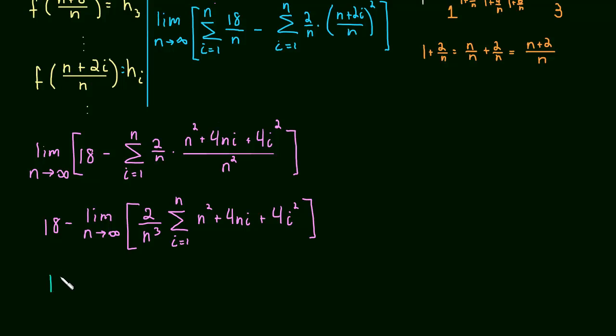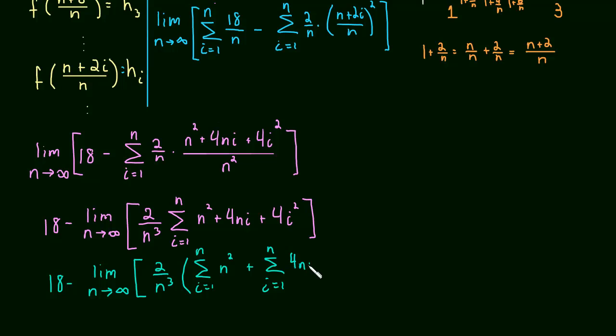So the last thing is 18 minus the limit as n goes to infinity of, and now we have 2 over n cubed times the sum as i goes from 1 to n of n squared plus the sum as i goes from 1 to n of 4n times i plus the sum as i goes from 1 to n of 4i squared.